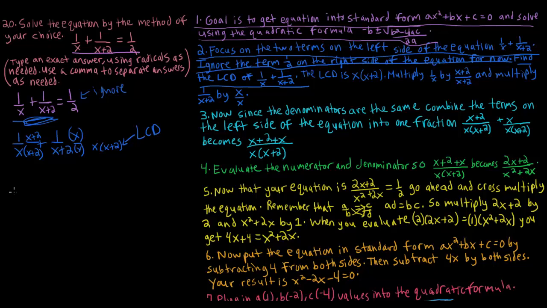So we have 1 times x plus 2, that's over x times x plus 2, plus 1 times x, and that's over x plus 2 times x.